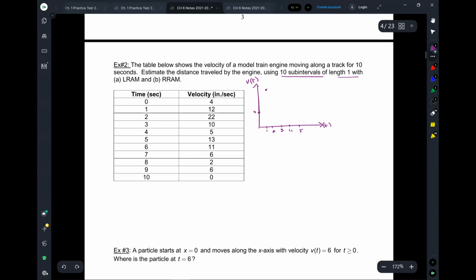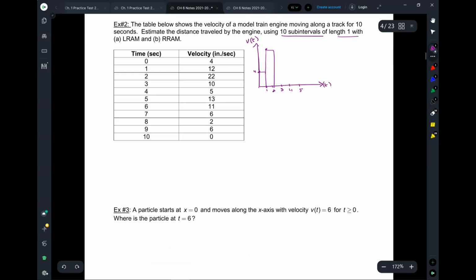Now, if I wanted to do Lram, I have to create rectangles here and cap them off at the left endpoint, right? So for the first one, do you see how that's what the rectangle will look like? And then here, that's what the rectangle will look like, and so on and so forth.